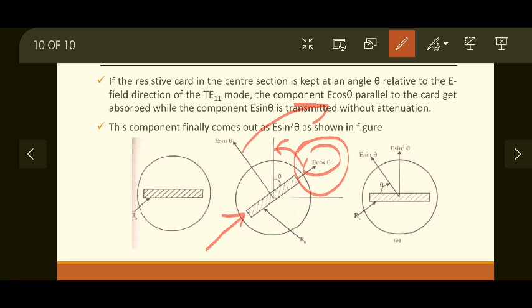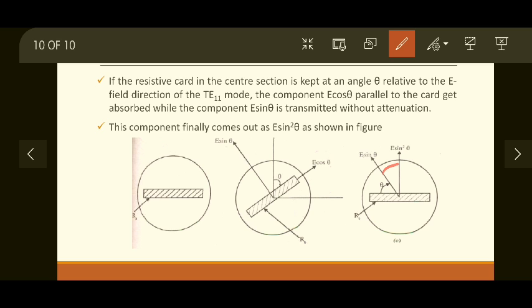This component finally comes out as E sin squared theta, because it has to go further down to the CRT, where it will be multiplied again by sin theta. So that is how attenuation is obtained. And if you closely follow, we see phase shifting also.